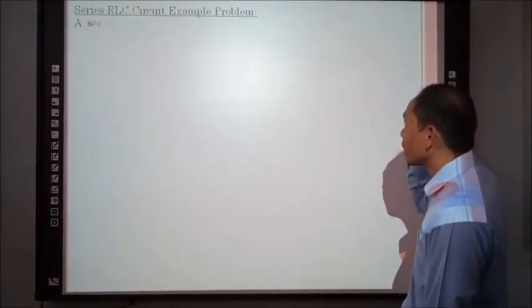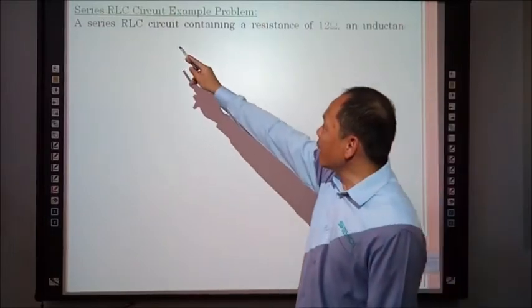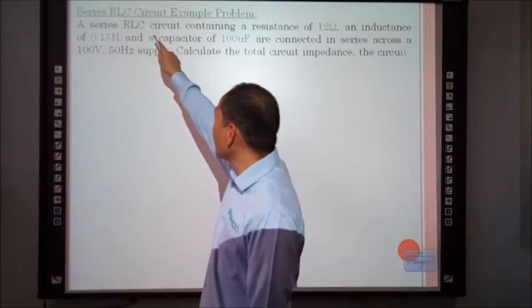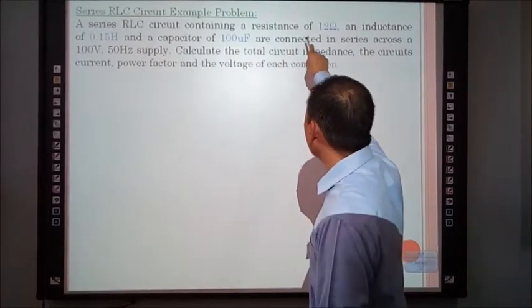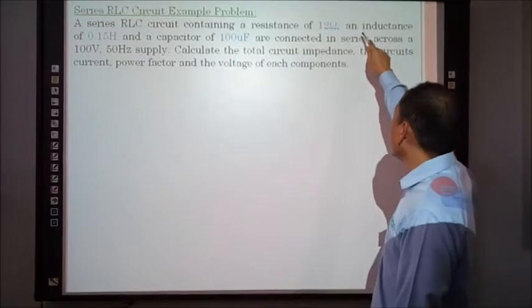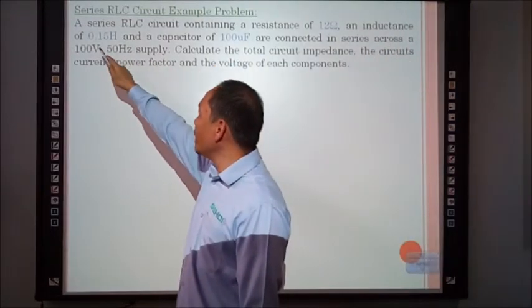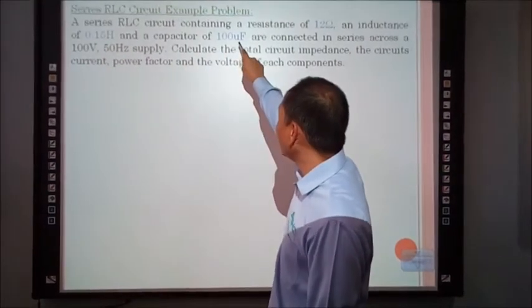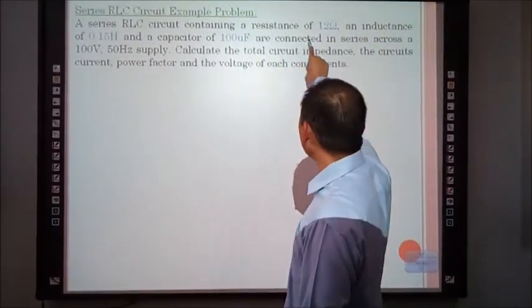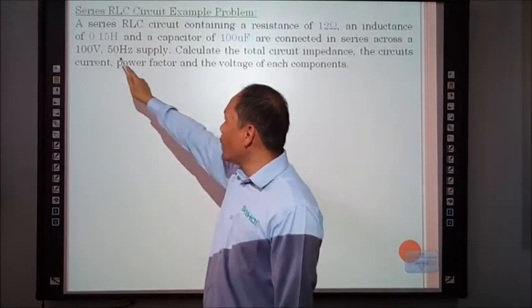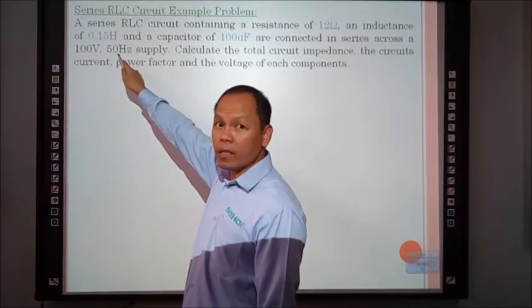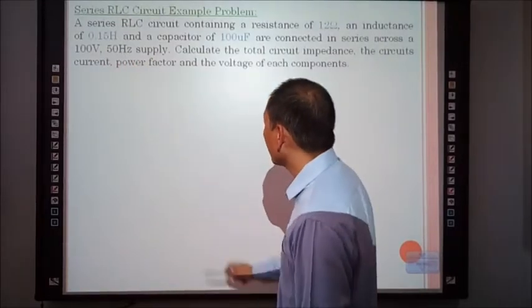Okay? So let's have an example problem. Series RLC circuit example problem. A series RLC circuit containing a resistance of 12 ohms, an inductance of 0.015 Henry, and a capacitor of 100 microfarad are connected in series across a 100 volts source voltage and a frequency of 50 Hz supply.